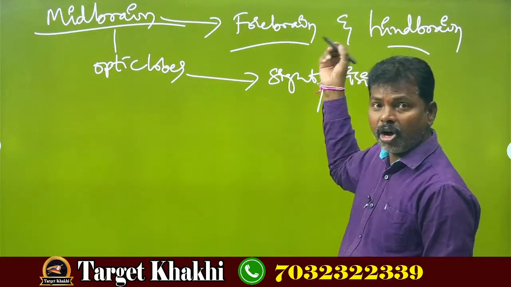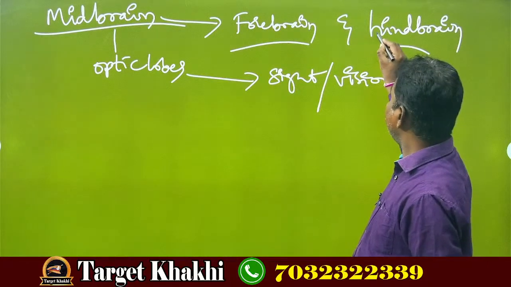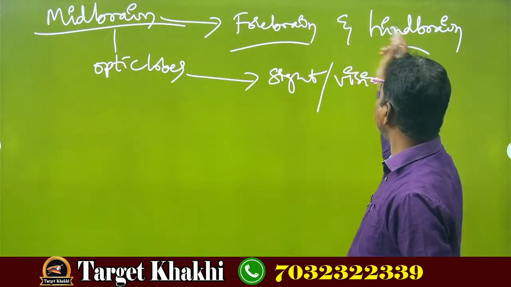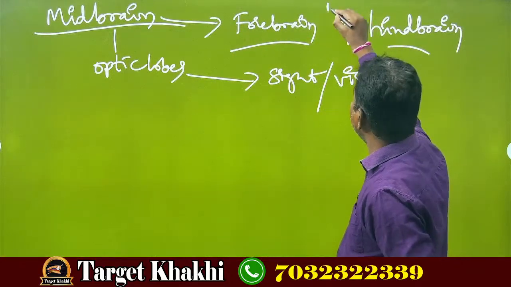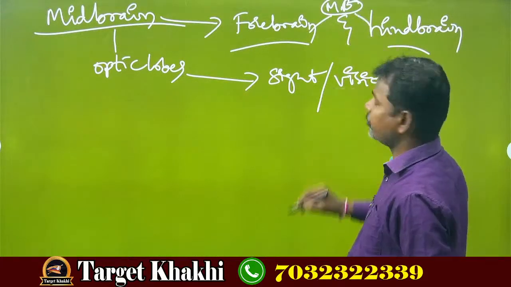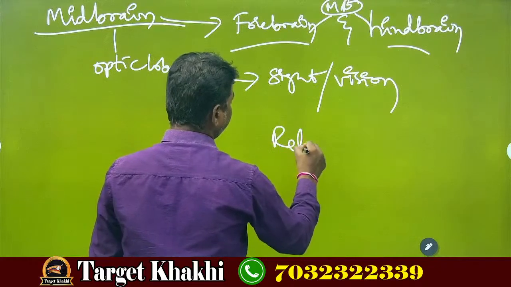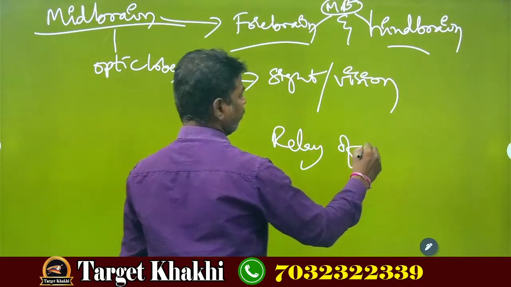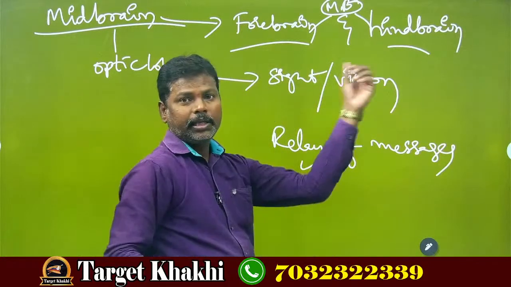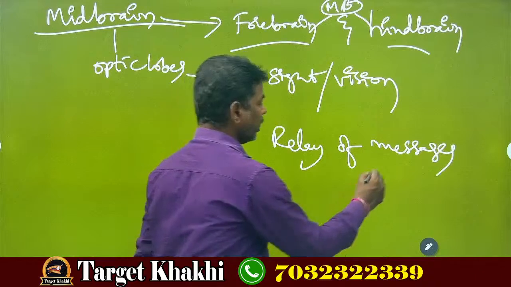The signals or messages transmitted from hindbrain to forebrain and forebrain to hindbrain, the midbrain acts like a mediator in between these two. Understood? It helps in relay of messages or signals.